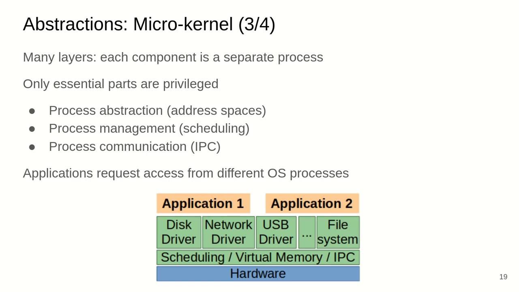And the applications then communicate with these other processes, right? So in a microkernel, only the essential parts are privileged. The process abstraction, which provides address spaces, the process management, which provides scheduling, and inter-process communication to provide communication between the individual processes. Right, so this abstracts this further.